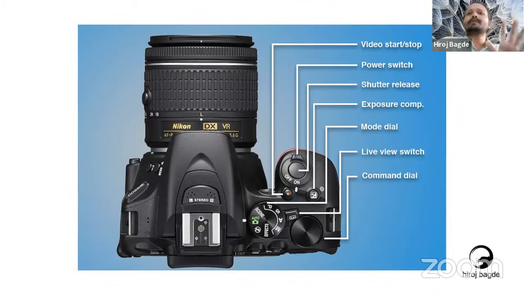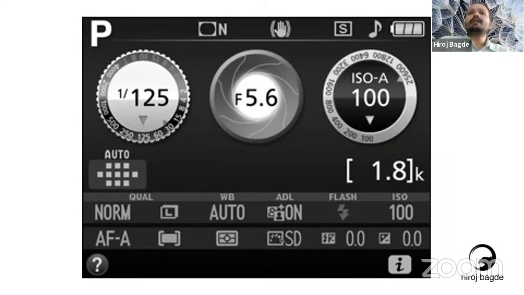But the problem is we need to have a manual mode set by us, so that we can change the f-stop number, the shutter speed, and the ISO sensitivity of the camera.